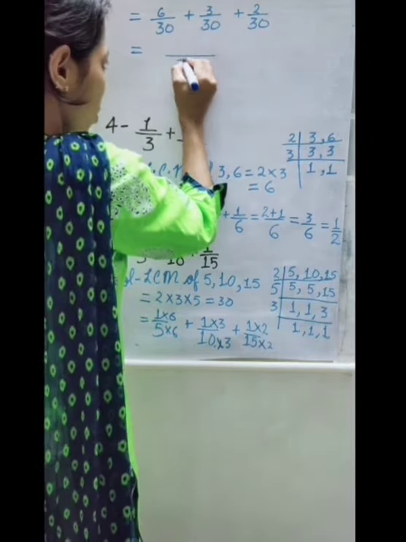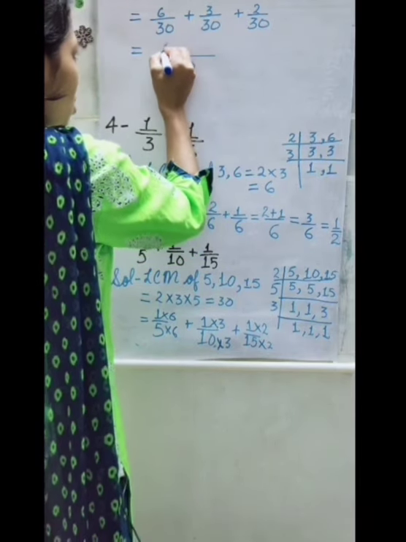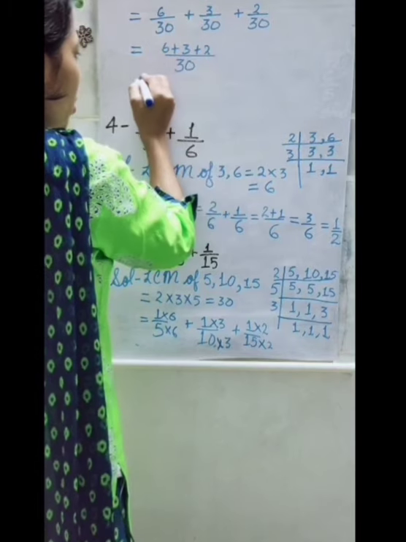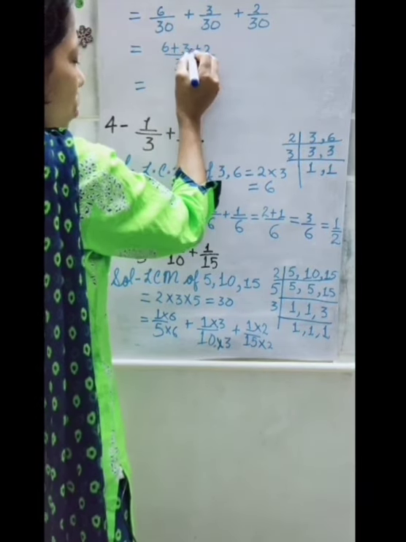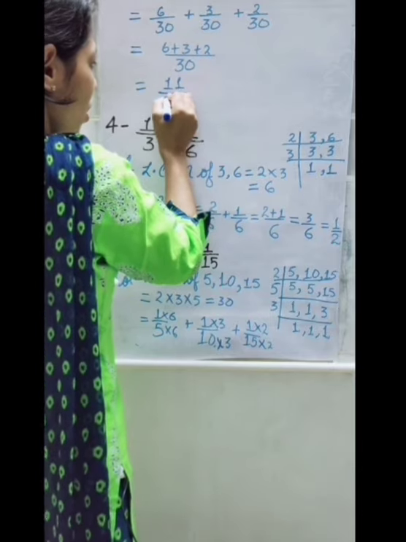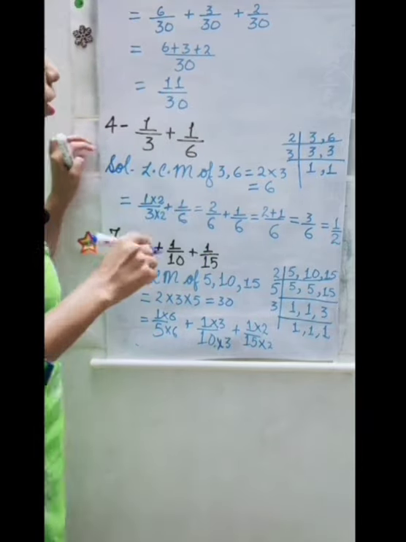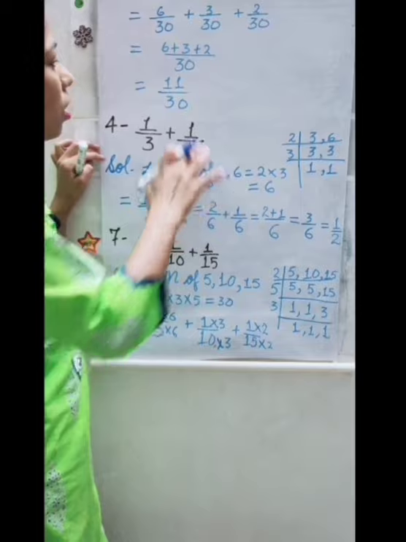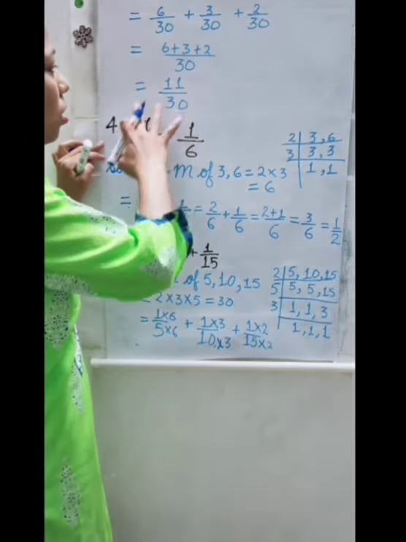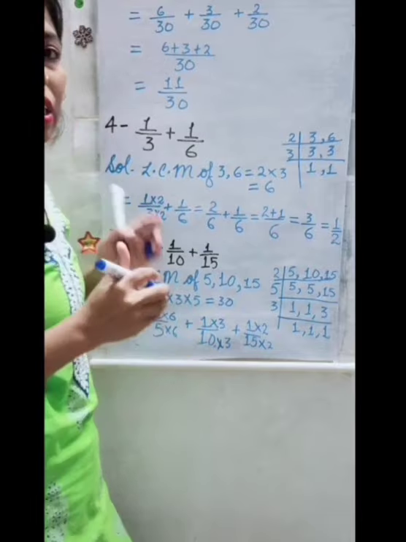So we will write denominator once. And 6 plus 3 plus 2 is equals to 6 plus 3 is 9, 9 plus 2 is 11, 11 by 30. Now we cannot reduce this fraction to the lowest term. So our solution is 11 by 30.